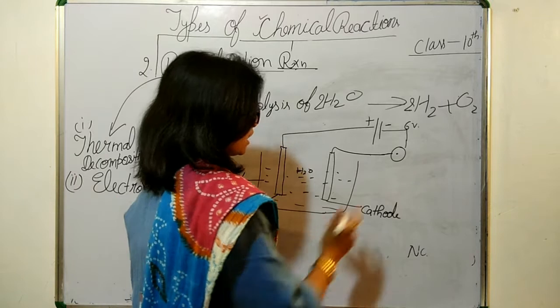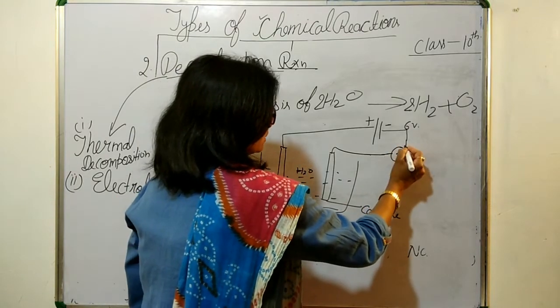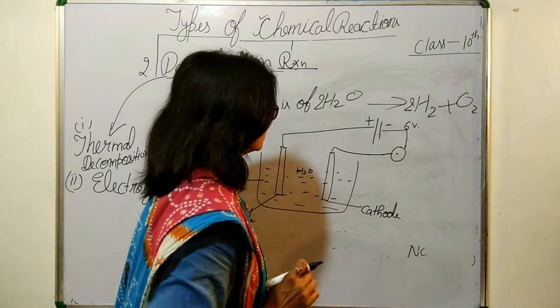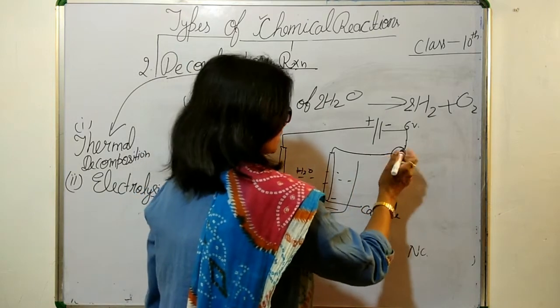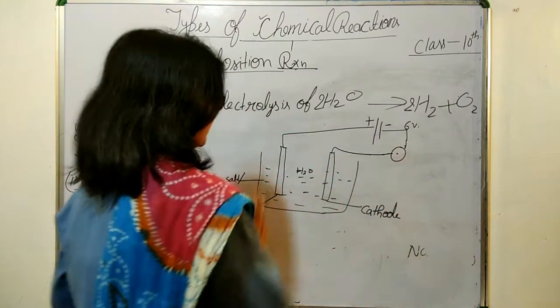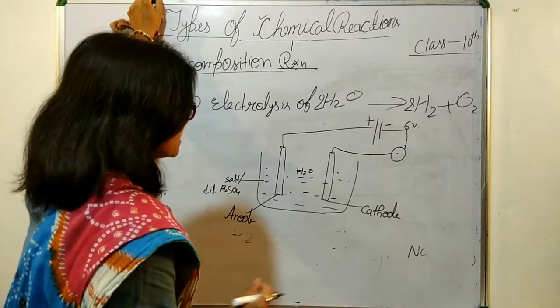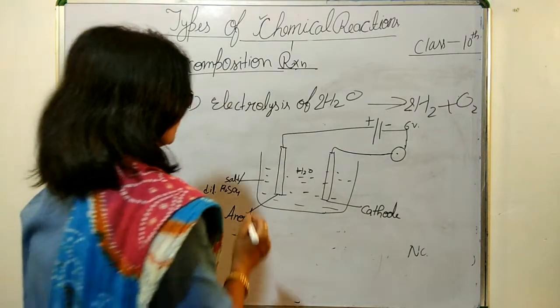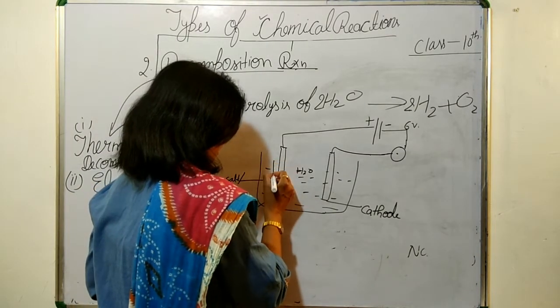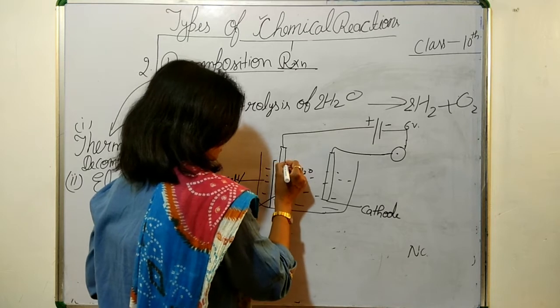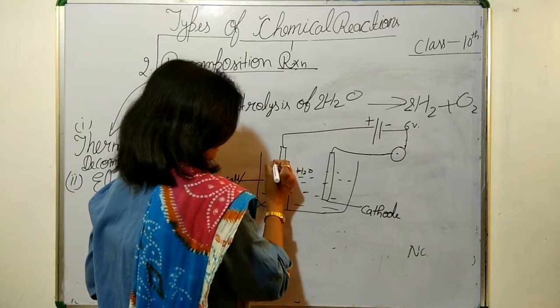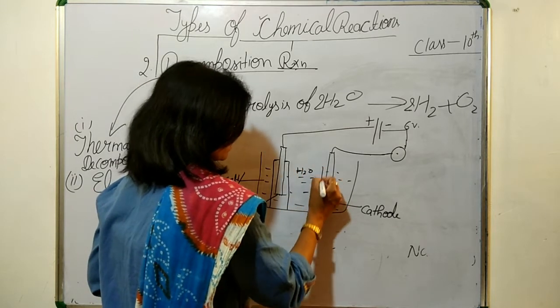What happens when we switch on? When we switch on, current will flow through this. One more thing we can do: we keep a test tube inside. This rod will be kept in a test tube.